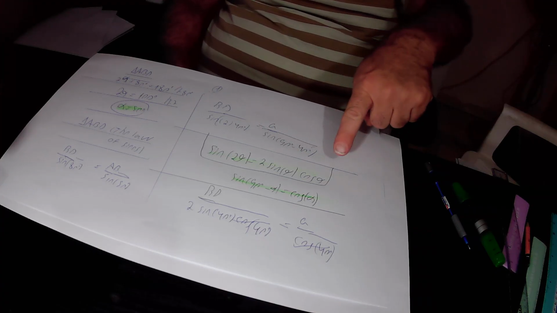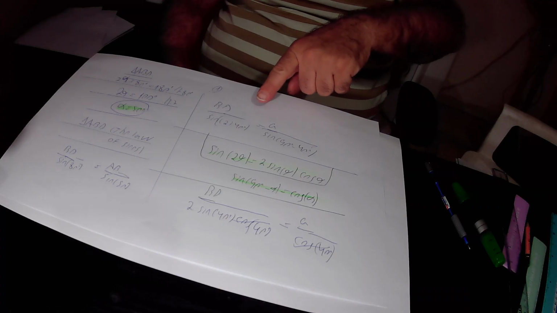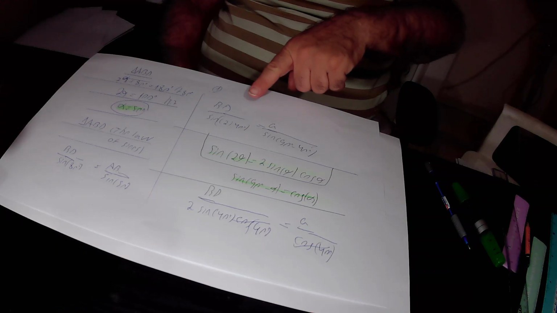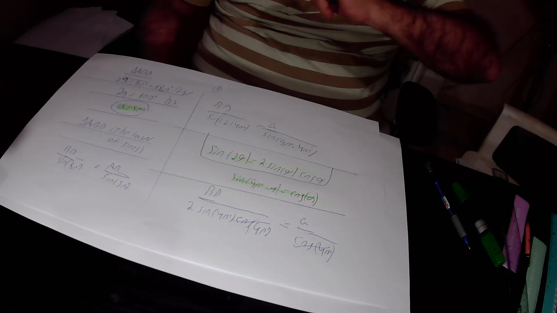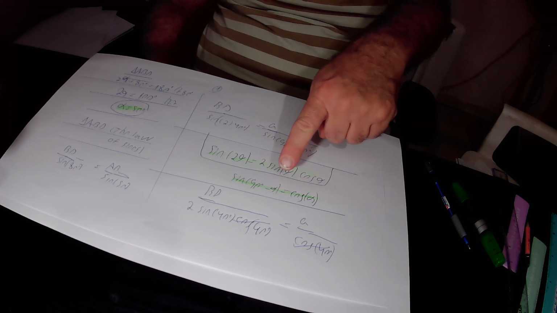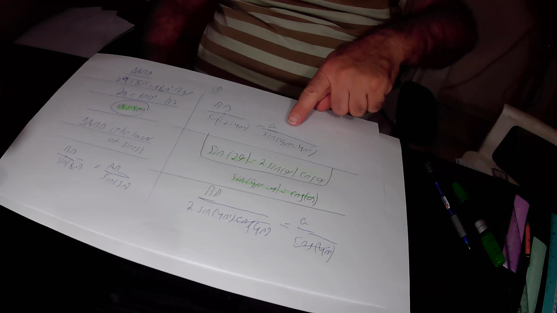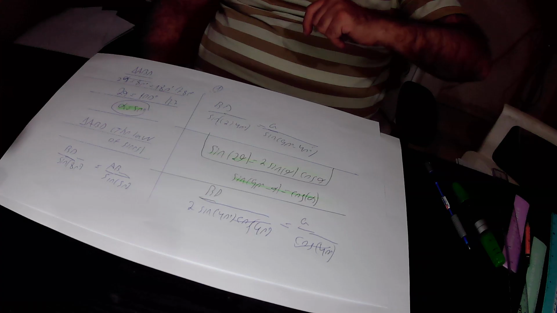According to the first identity, sine 2 times 40 degrees equals 2 times sine 40 degrees times cosine 40 degrees. Likewise, according to the second identity, sine of 90 degrees minus 40 degrees equals cosine 40 degrees.